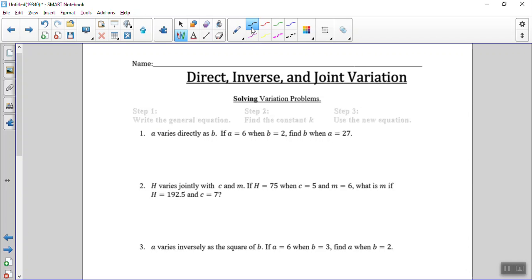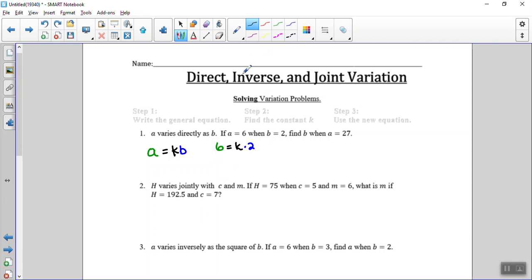It says A varies directly as B. So A equals K, I'm trying to make it all colorful. I put equals K because of the words varies directly as B. So K times B. It says when A is equal to 6, so I'm going to substitute 6 in for A, equals K when B is equal to 2, so times 2.